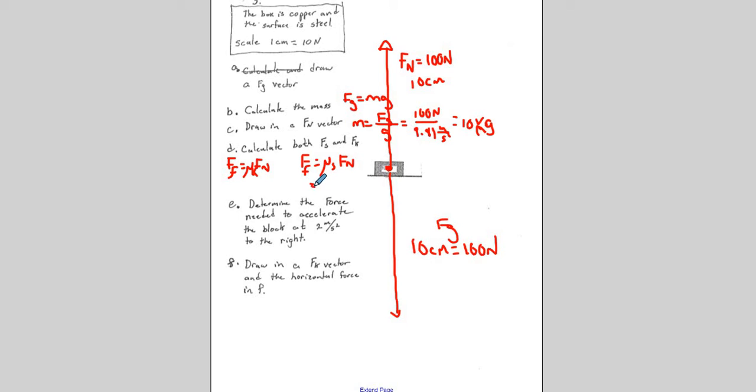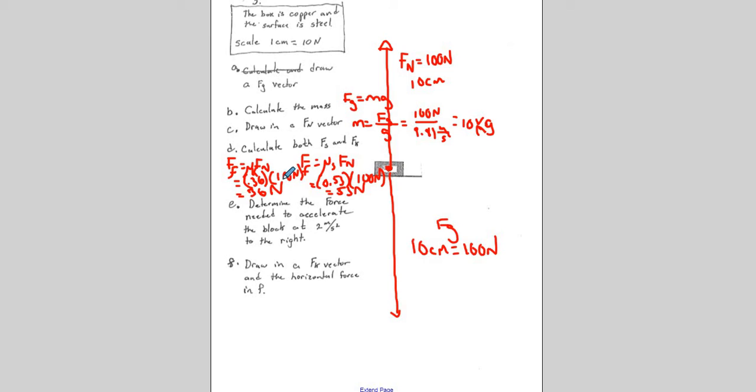If you look both of these up, the static one is 0.53, so this is 0.53 times 100 newtons, which of course is 53 newtons. And then the kinetic is 0.36 times the 100 newtons, which then of course is 36 newtons.